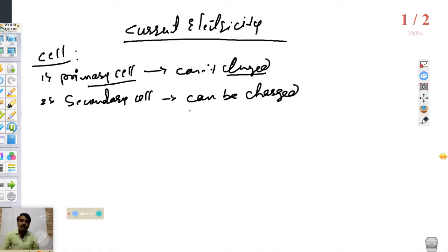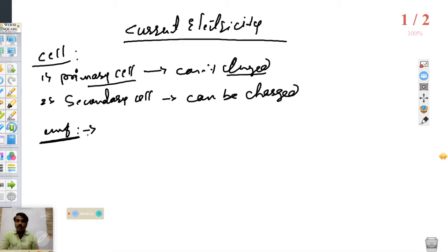And in this cell, the charges which move through the circuit are considered with a physical quantity which we call EMF, electromotive force, which is nothing but the energy given by the cell in flowing unit positive charge throughout the circuit.